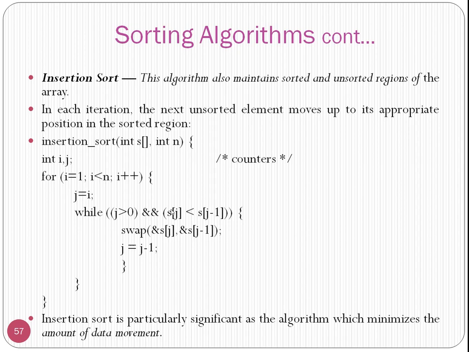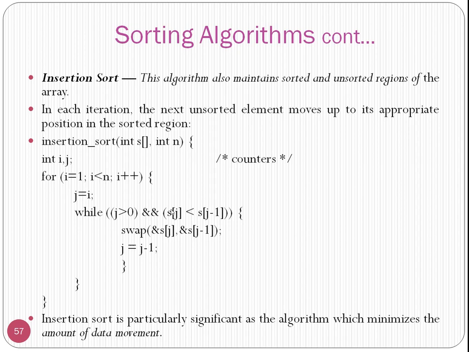In each iteration, the next unsorted element moves up to its appropriate position in the sorted region. Unlike selection sort, in insertion sort, once the smallest element is found, it will move into the sorted list at the appropriate position.